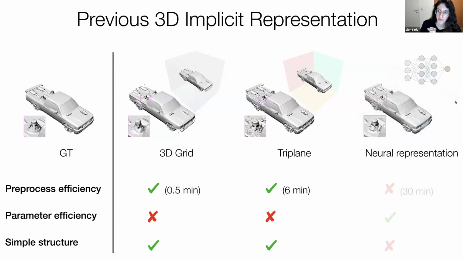So this is going to give us maybe a better approximation, because you don't have a lot of information stored in empty voxels, right? You only store information of the surface within the weights of this neural network. So it is parameter efficient, but in terms of pre-process, it can take 30 minutes and even more.